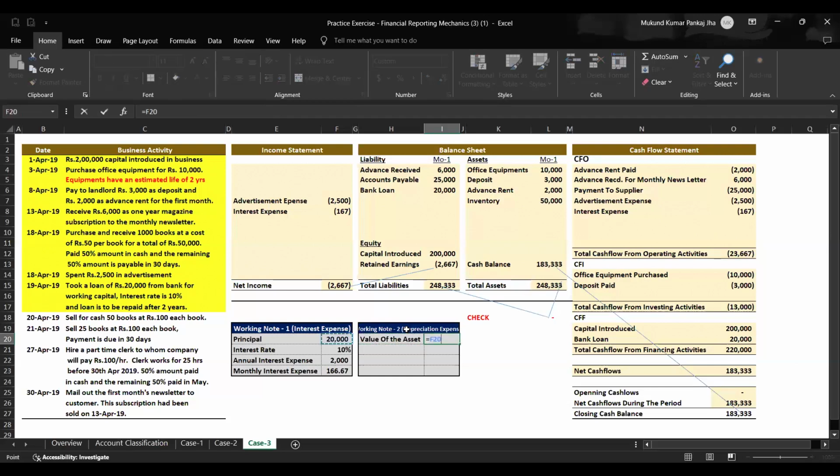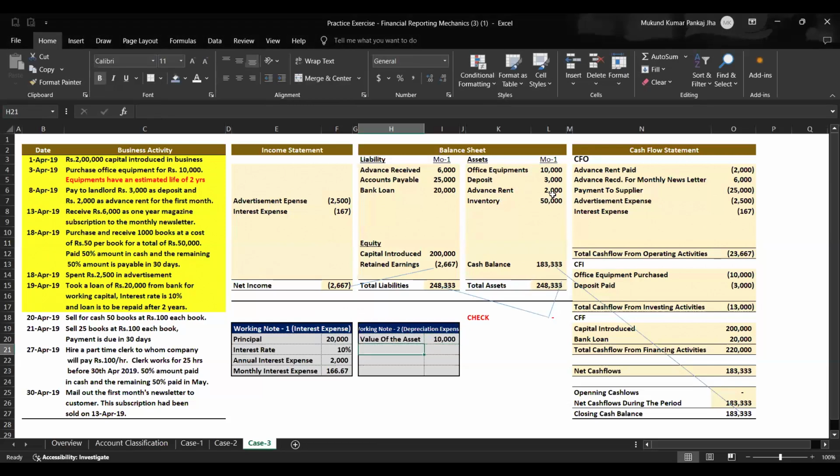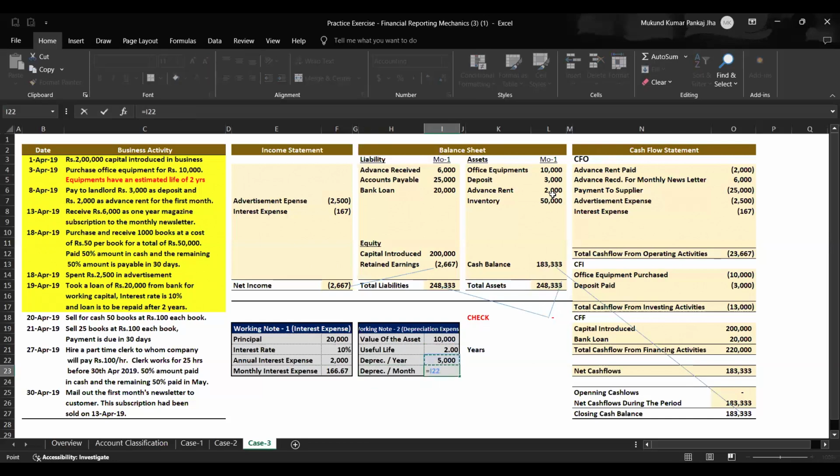Value of the asset, useful life, depreciation charges per year, and depreciation per month is divided by 12.